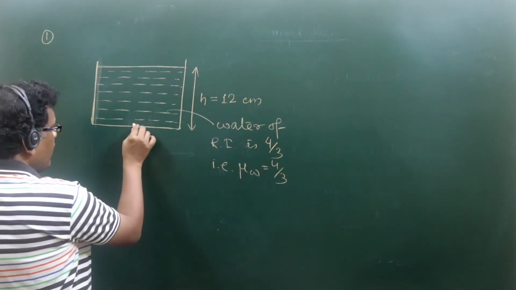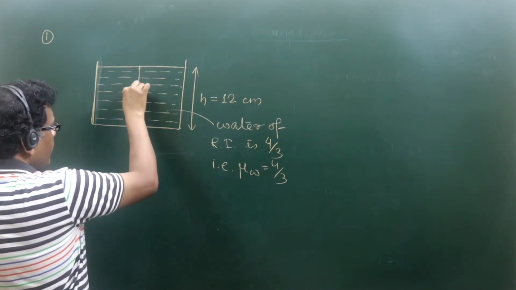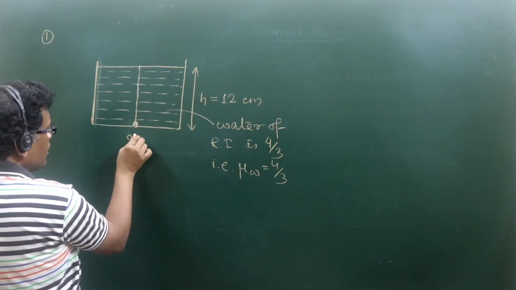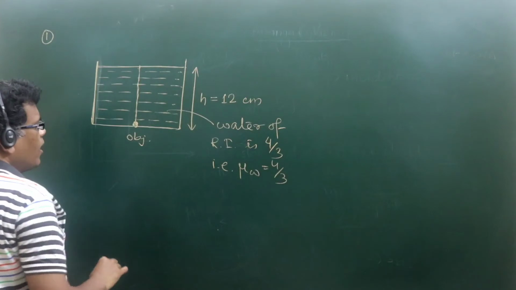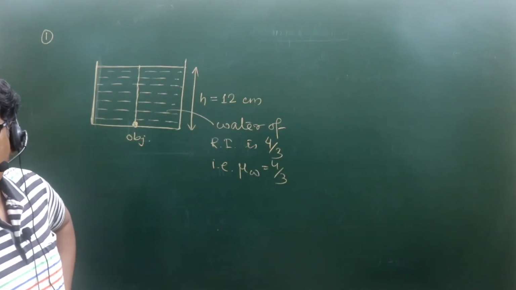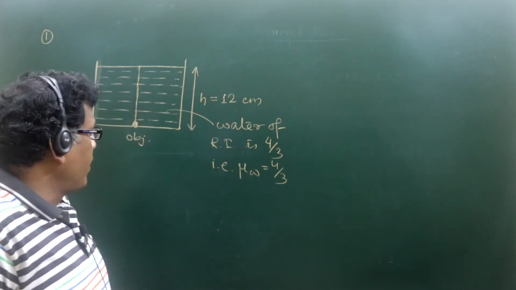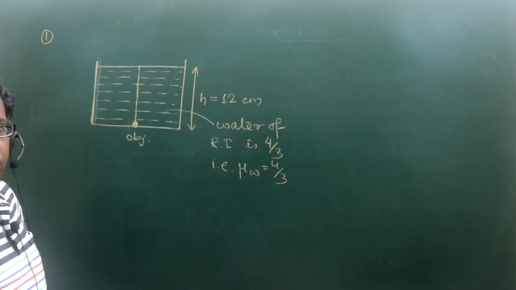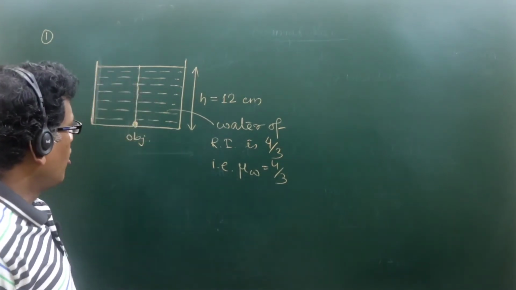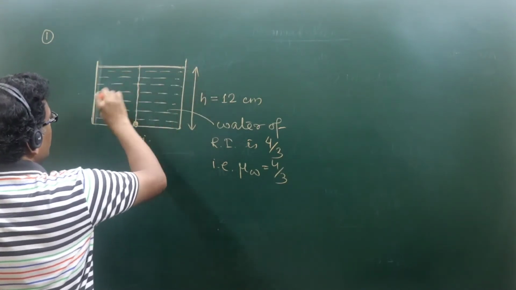Now if I place an object at the bottom of the container, the object position is 12 centimeter below the water level, because the water level given is 12 centimeters. So the object distance is 12 centimeter from this water surface.